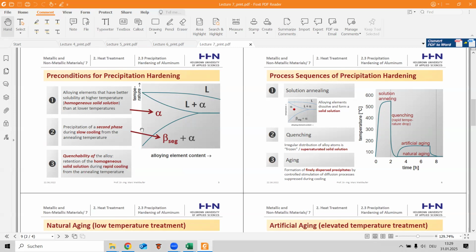So on this we have temperature and here we have second phase during slow cooling, segregation and homogeneous solid solution of reduced phase. Sequence of precipitation hardening. So we have here salt.